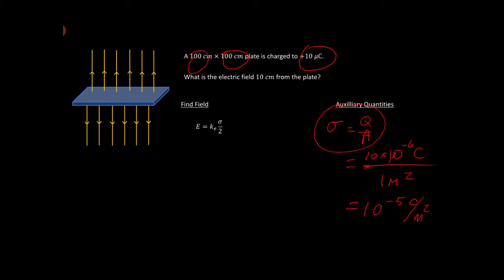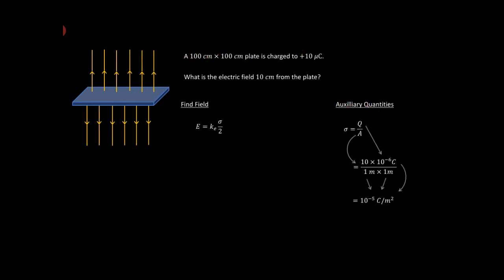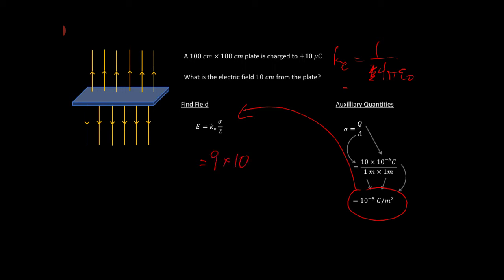We talked about that in the last lecture, two lectures ago, something like that. Okay, so now we have this. We can bring that in here. Remember this KE, which is equal to 1 over 4 pi epsilon naught, is also equal to 9 times 10 to the 9th Newton meters squared per coulomb.